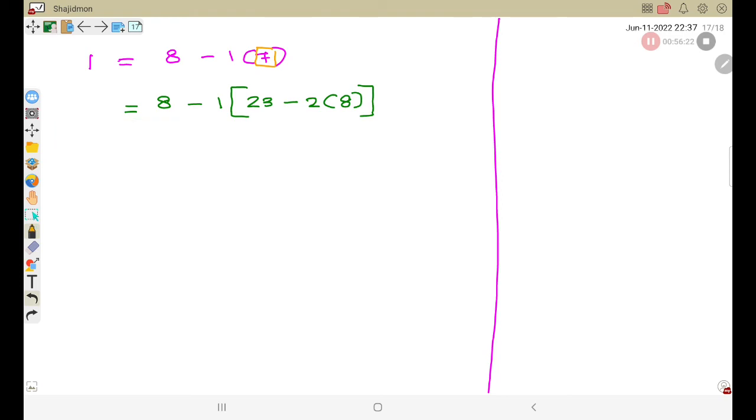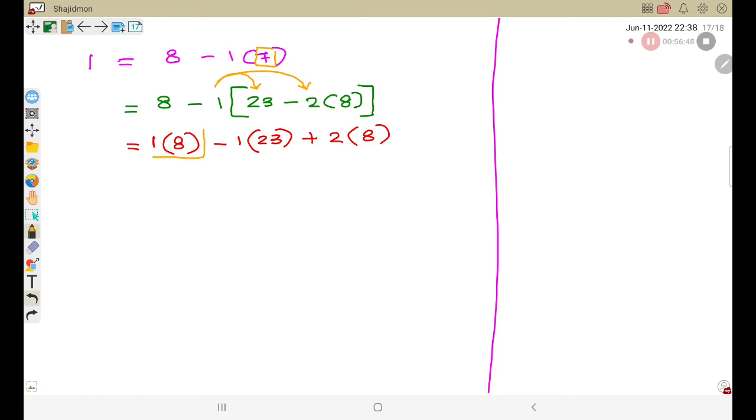Now expand the bracket, 1 multiply 23 and here 1 multiply 2. So you will get equal, only 8 means write 1 multiply 8 minus 1 multiply 23 should be in bracket, minus multiply minus plus 1 multiply 2, 8 should be in bracket.